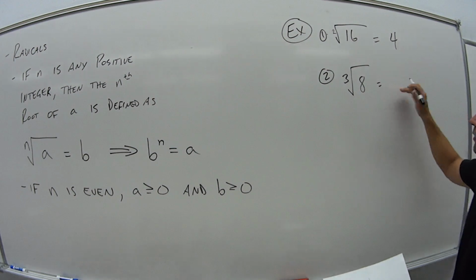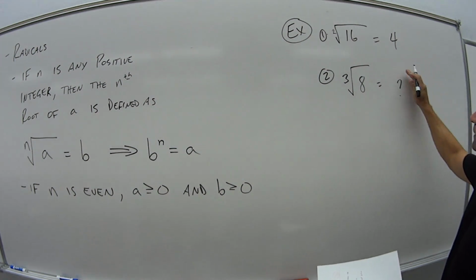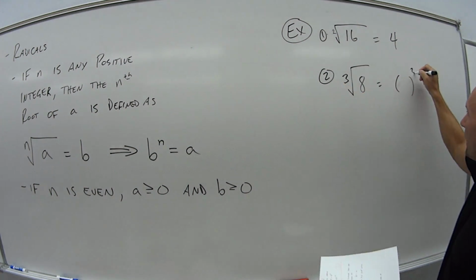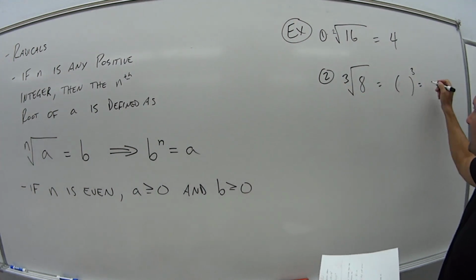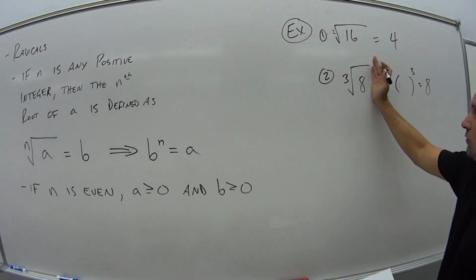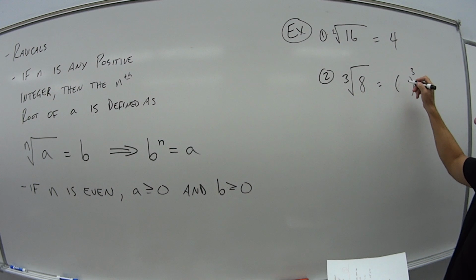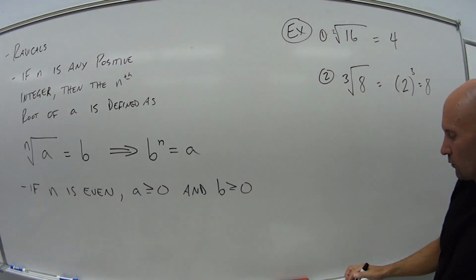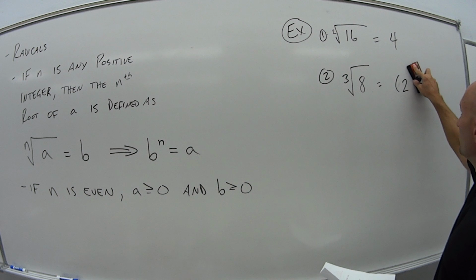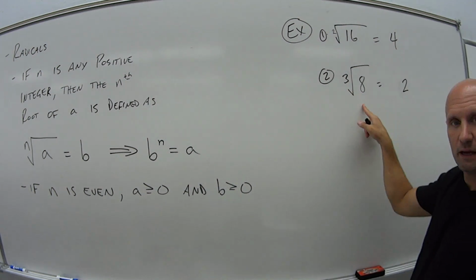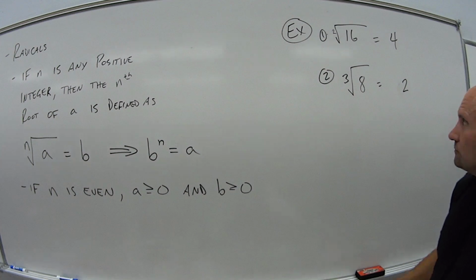So I want to know some number, let's put it in parentheses, some number to the third power has to give me 8. That's what this thing means. Cube root of 8 means some number to the third power is 8, and that number would be what? 2. So that would be our answer here. So because 2 to the third power gives me 8, therefore the cube root of 8 is equal to 2.